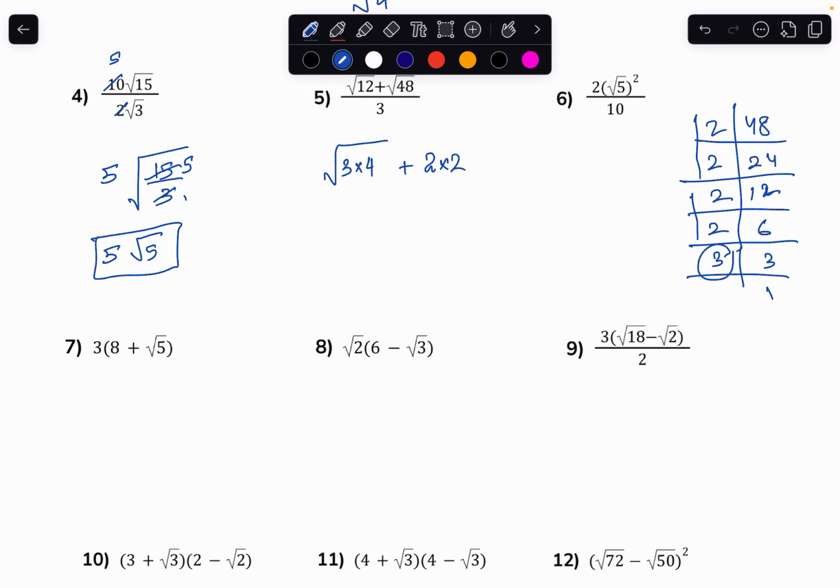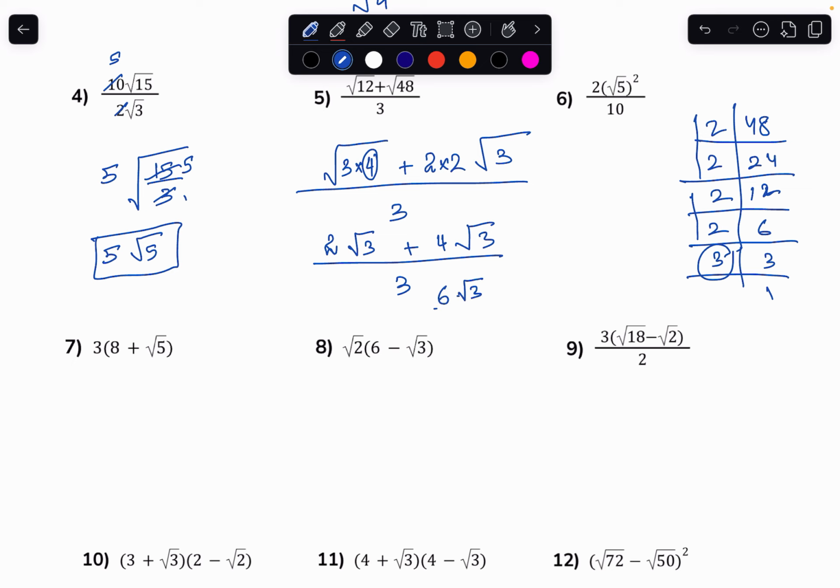What stays inside is 3 and 3. 3 times 4. Since 4 is a square number, this 2 will come out. 3, 4, root 3 over 3. 2 plus 4 is 6. 6 root 3 over 3. Now this 6 and this 3 can be divided by 3. 3 times 1, 3 times 2 is 6. So 2 root 3 will be your final answer for this one.